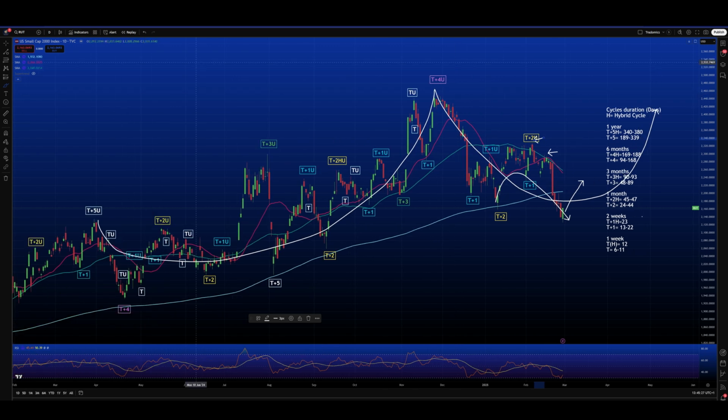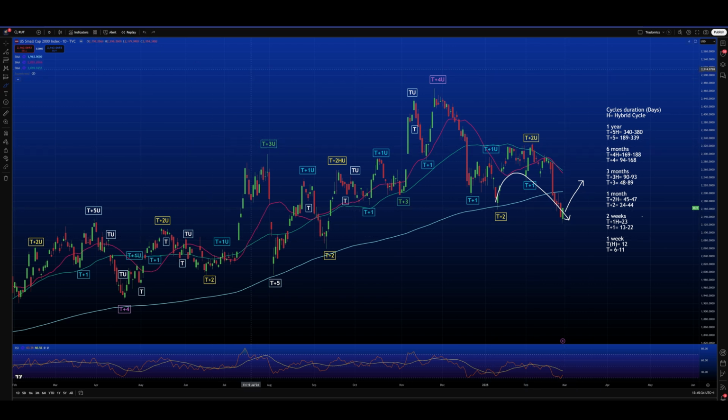But without going too much in detail about the previous segmentation, because it's a little bit complicated, next week we have more possibilities to have a bounce back to the upside, and we will have to see whether we will have a resistance around the moving average 200.